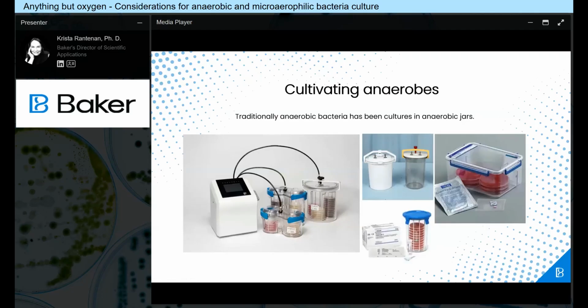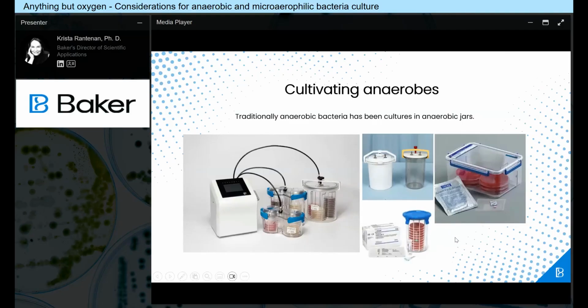These jars might be handy to use if there are only a few samples, but of course there are some drawbacks. First and foremost, there is no constant control of the anaerobic or low oxygen state inside an individual jar. You insert your gas pack, and as long as the container stays closed, you can believe that the conditions are as you're expecting them to be.